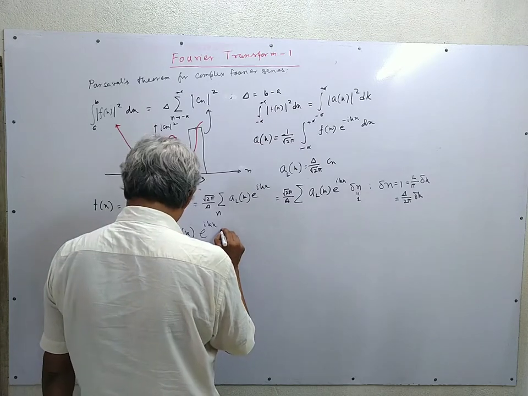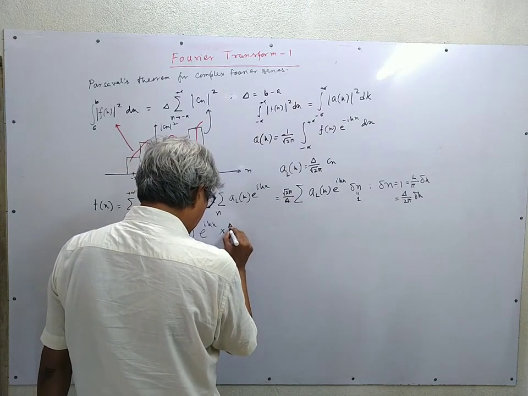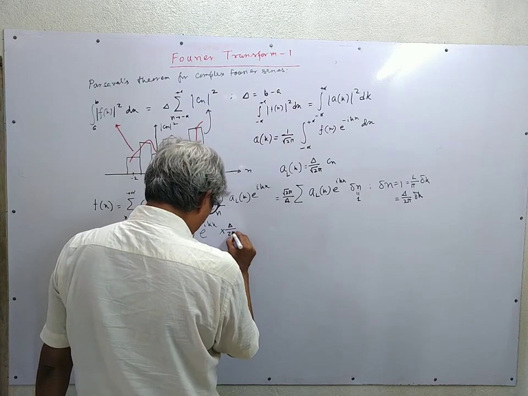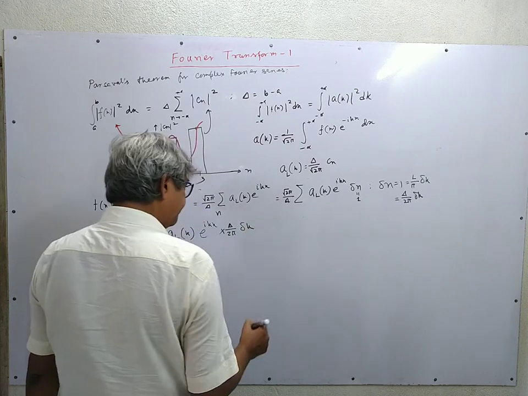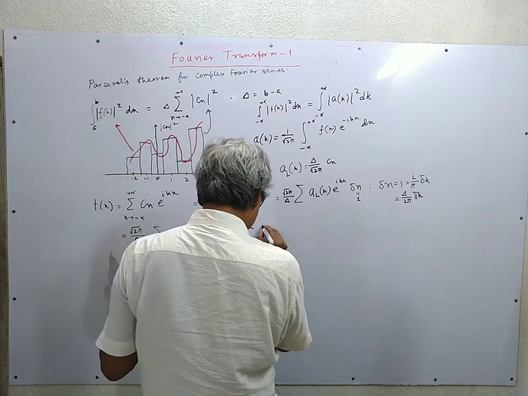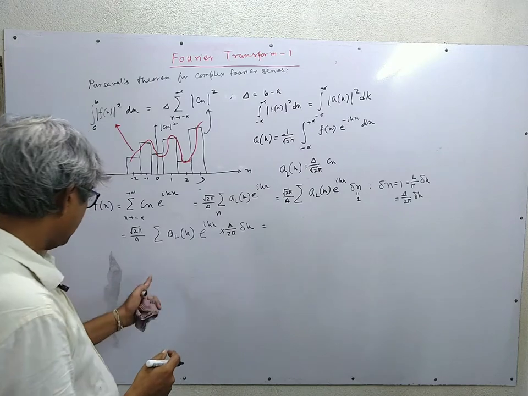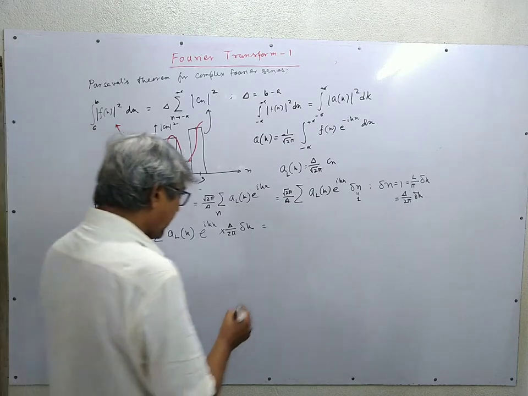So multiplied by delta upon 2 pi delta k. On simplification, the numerical factor becomes 1 upon 2 pi.